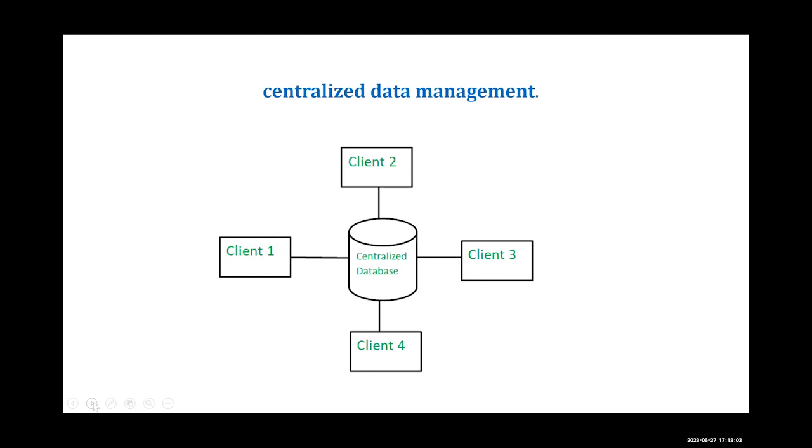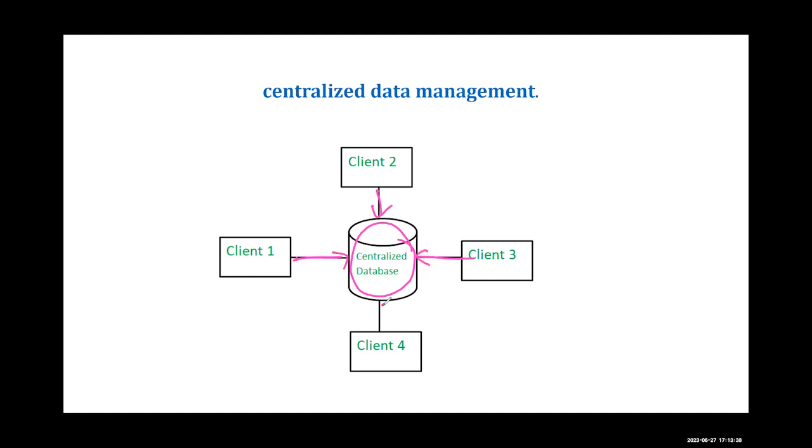The very first thing is centralized data management. So what do you understand by centralized data management? The centralized nature of a database system provides several advantages which overcome the limitations of the conventional file processing system. When I say centralized, I have a database stored somewhere and many people are able to access it simultaneously.